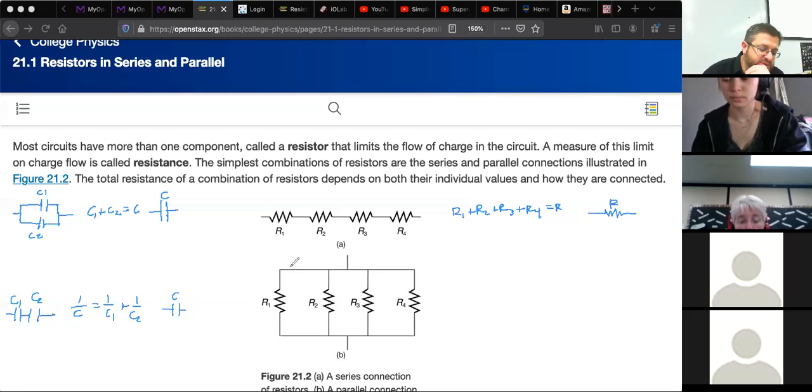And that is the case with the resistors in parallel now. What happens in parallel for capacitors is like series for resistors, and what happens in series for capacitors is like what happens in parallel for resistors.